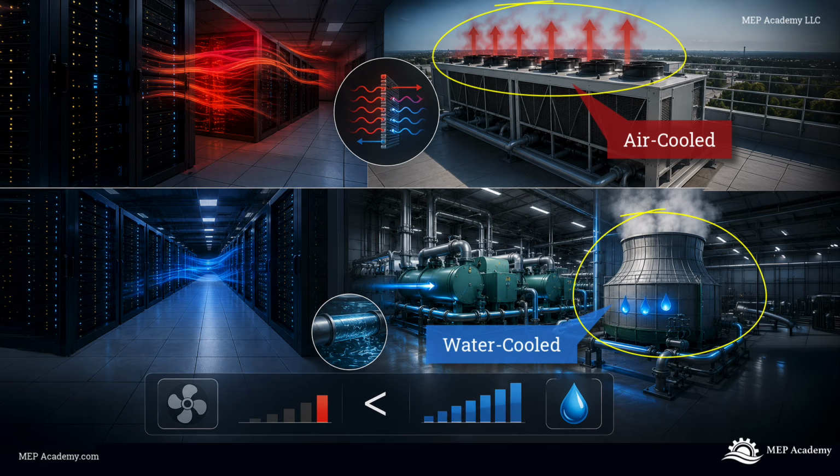But water-cooled systems also have disadvantages. They are more complex. They require cooling towers, pumps, piping, and water treatment systems. They consume water through evaporation, and they require more maintenance. Water quality becomes critical because poor water treatment can cause scaling, corrosion, fouling, and reliability problems.